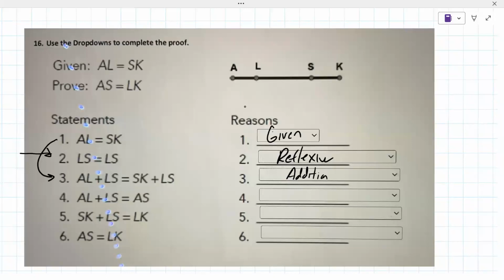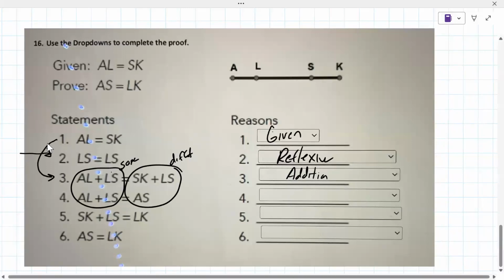And the next one I thought was also segment addition postulate. Notice that these are the same, but these are different. I'm not saying you're wrong, but that's one thing to look for. So SK plus LS, SK plus LS, is that AS?